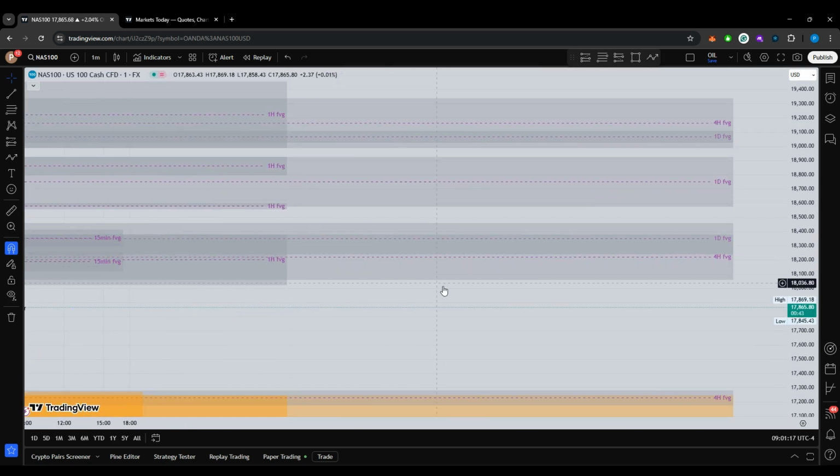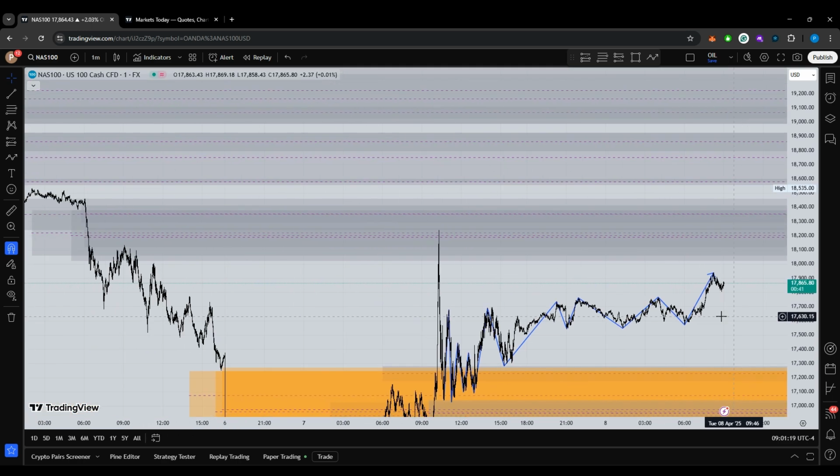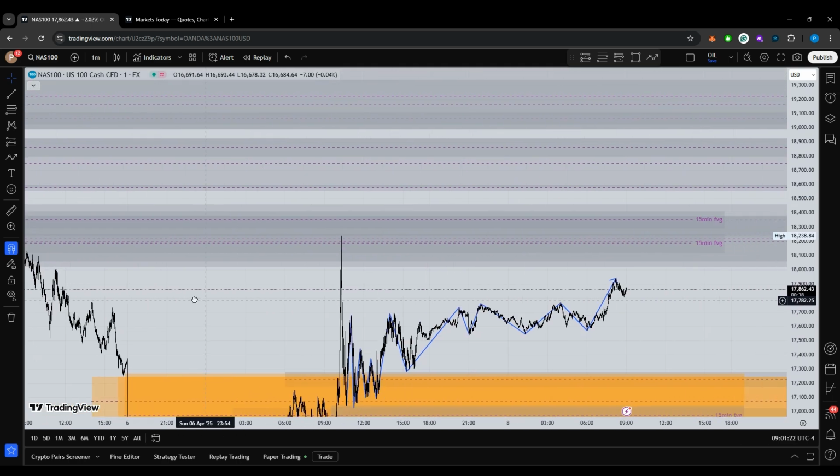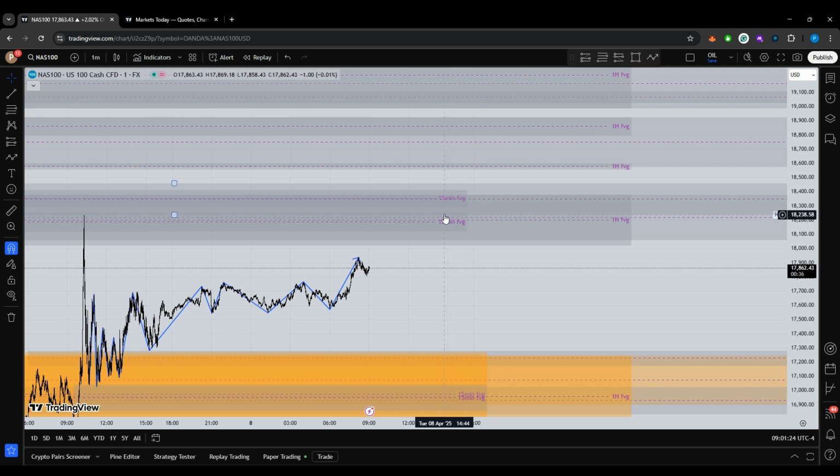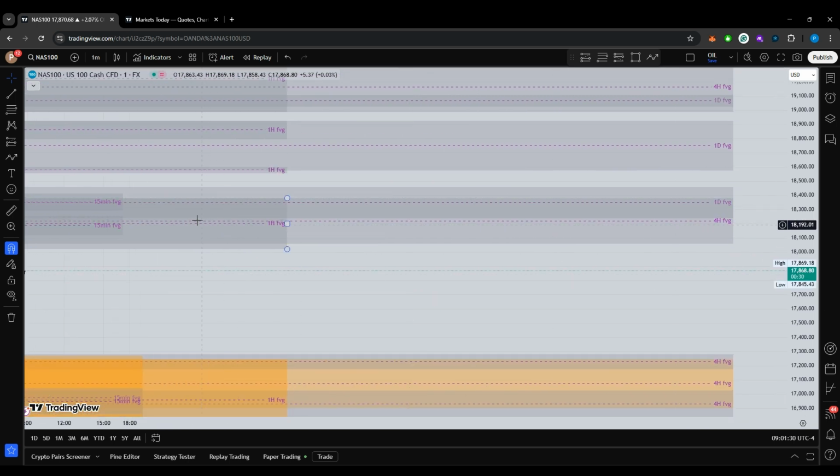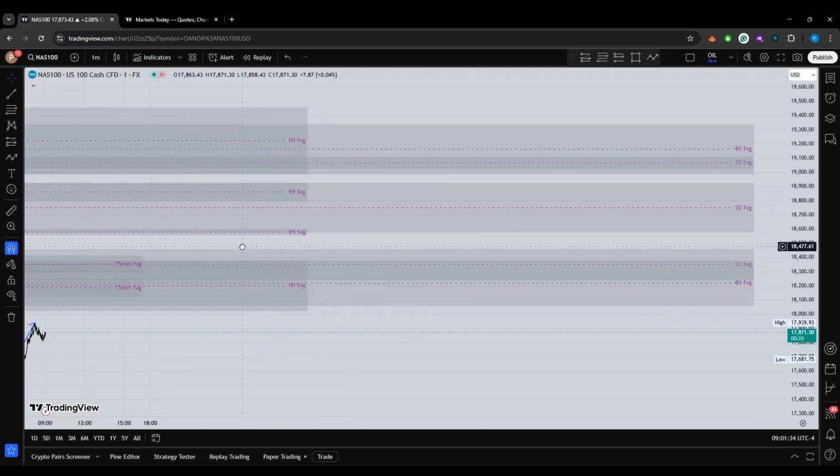This is a bit crowded, yeah, I know, but I just did it for visual representation of where the high concentration of fair value gaps are. So 15-minute, 1 hour, 4 hour, and daily, all within like a 300 point range over here.